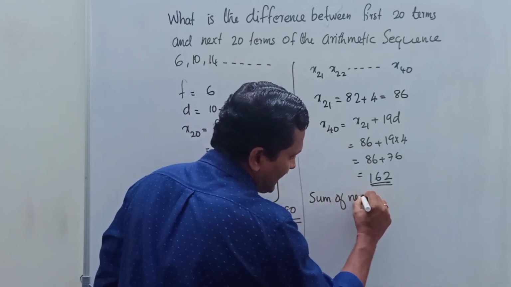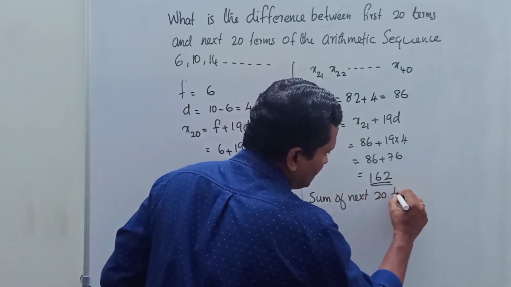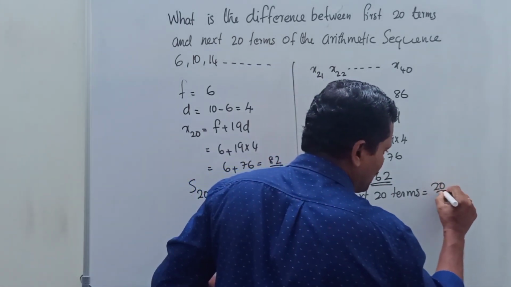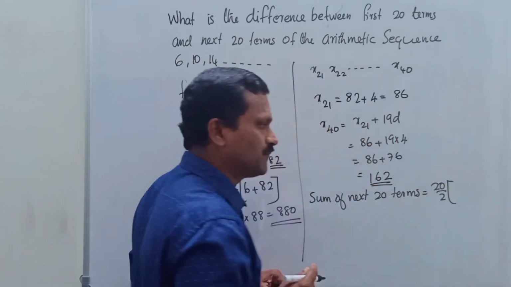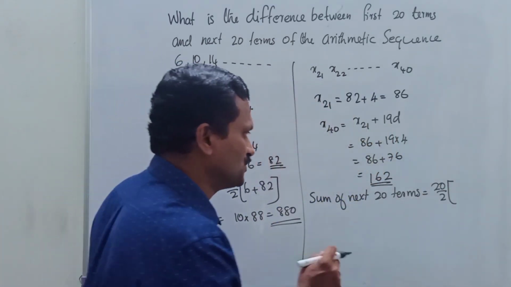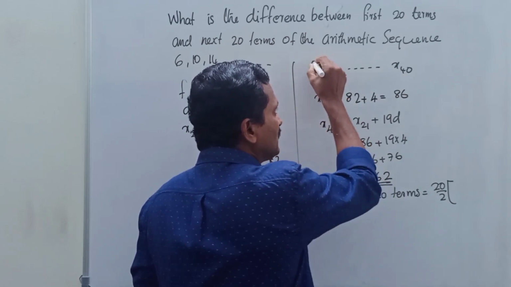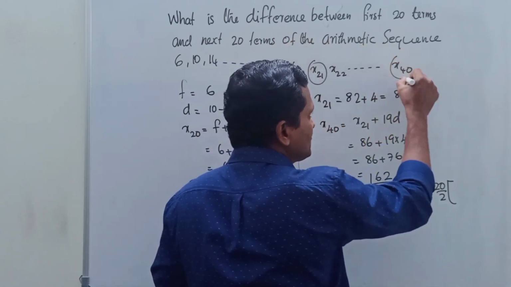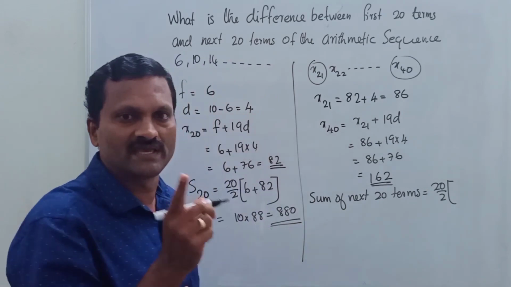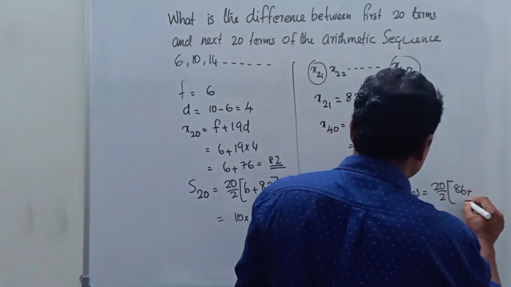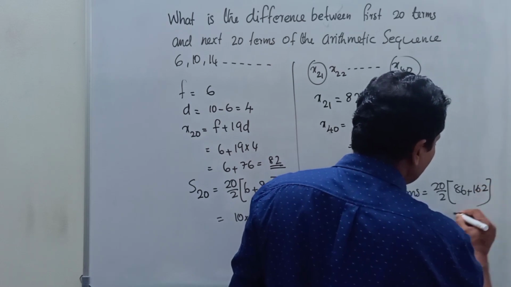Then the sum of the next 20 terms equals, here the number of terms is 20, so n by 2 becomes 20 by 2 into the first term plus the last term. Here the first term is the 21st term and the last term is the 40th term, that is 86 plus 162.